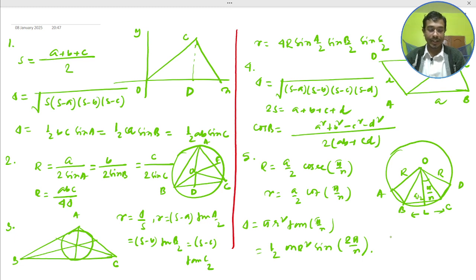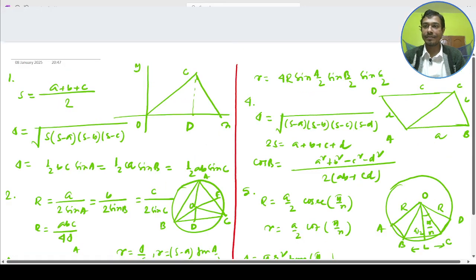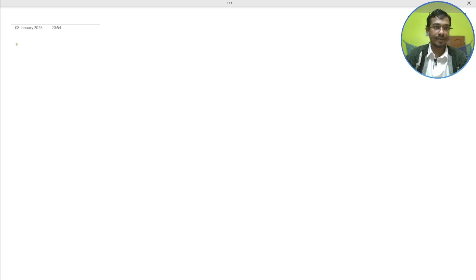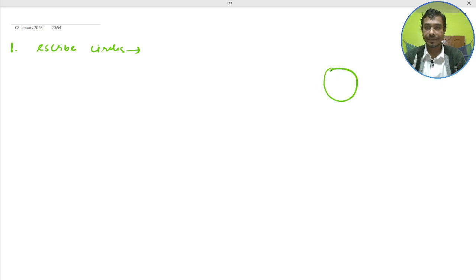We just skipped one thing, that is the escribed circle. Let's discuss it. Escribed circle means, suppose this is a circle here. So here this is the tangent at this point.